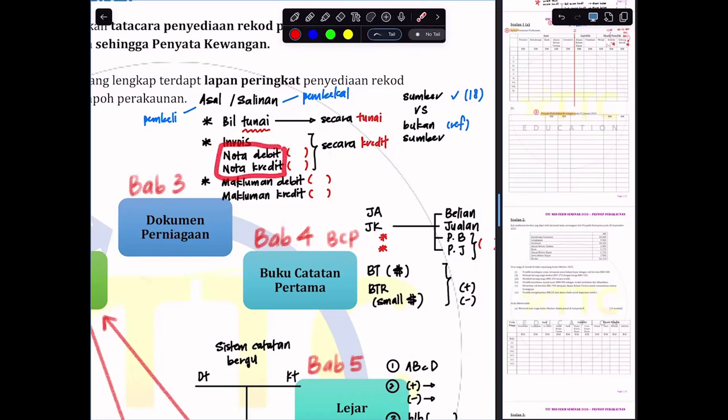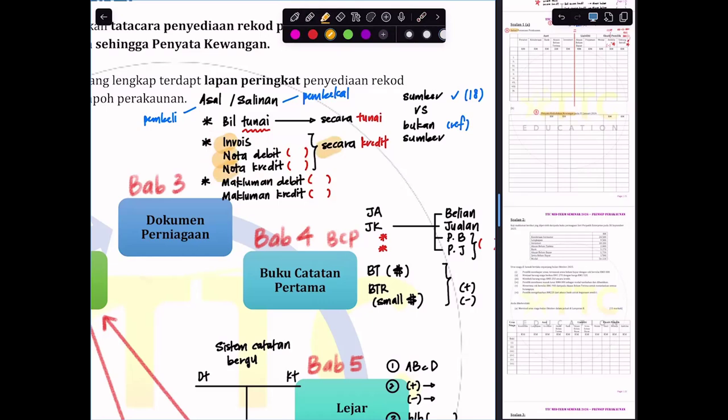That means only invoice, nota debit and nota credit, these three, are secara credit. Because is it possible for you to ask your customer to pay more after they made the payment already? No, right? So you can only do the adjustment before you get any payment at all. So remember, there are only three documents referring to secara credit: invoice, nota debit, nota credit.